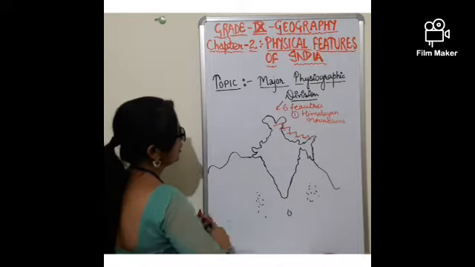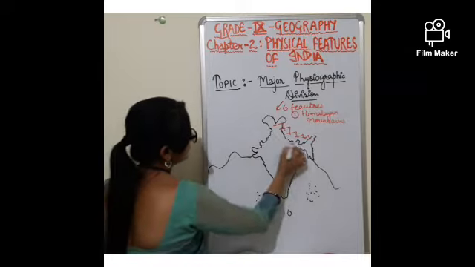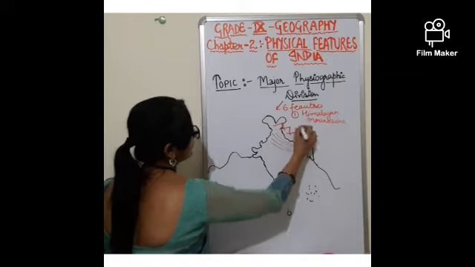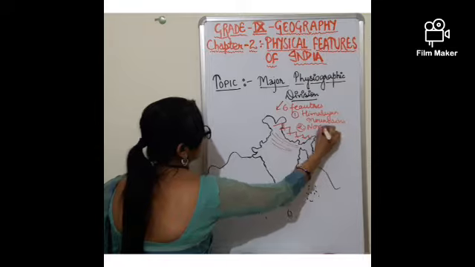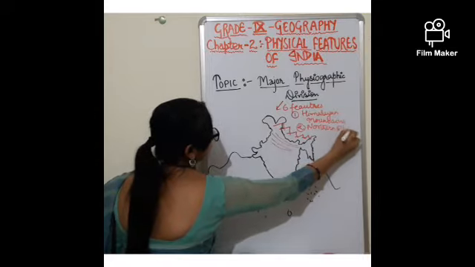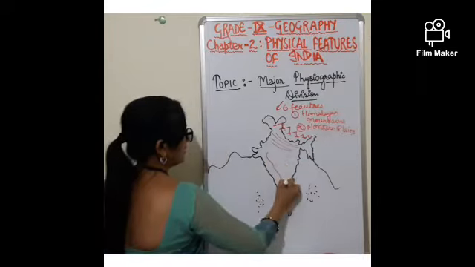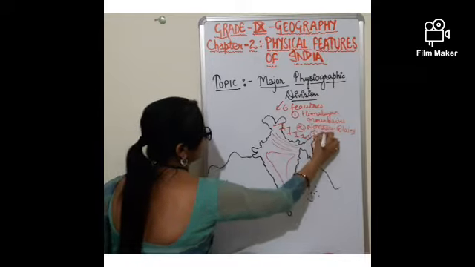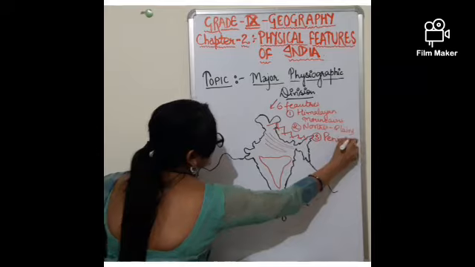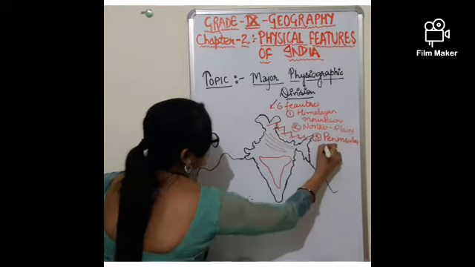Then comes the area of northern plains. Then comes the part of peninsular region, the peninsular plateau.